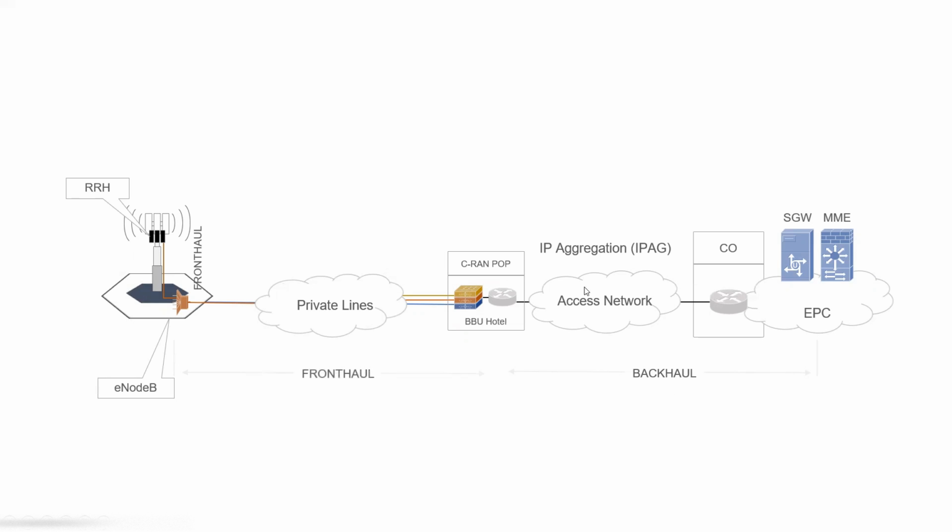That's the main difference from a distributed RAN architecture towards a centralized RAN architecture. You create a BBU hotel and place all the BBUs there and extend the fronthaul network towards your cell site or RRH, and the backhaul network will be from the BBU towards your EPC core.